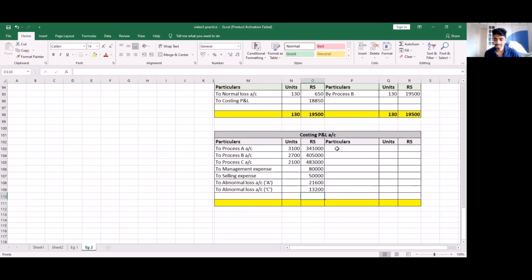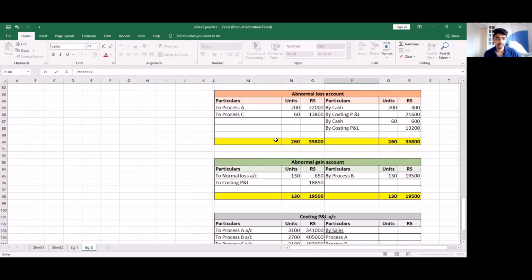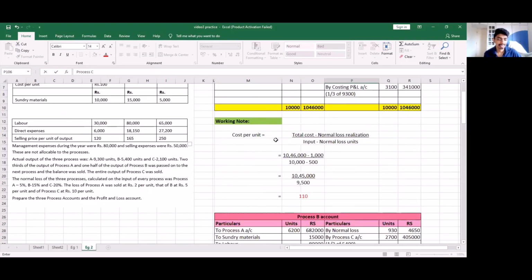Now, on our credit side, we will write our sales. So we write by sales, and under sales, we have sales for process A, process B, and process C. Now, in our question, we are given the selling price for all these processes.